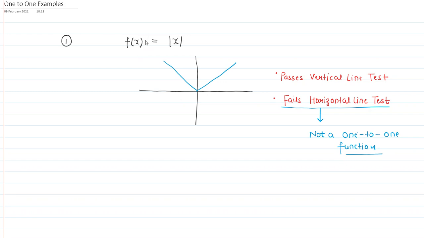Let us look at some of the graphs. If we see the graph of f(x) = |x|, then you see this kind of graph. Now this passes the vertical test, so it is a function, but it fails the horizontal test.